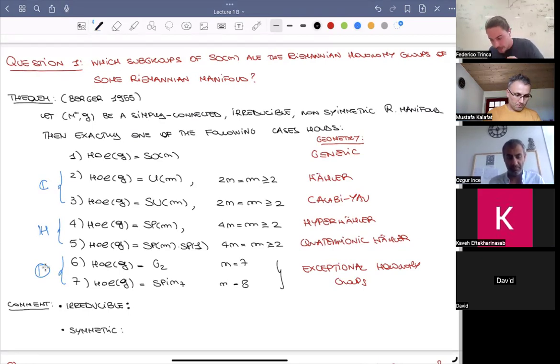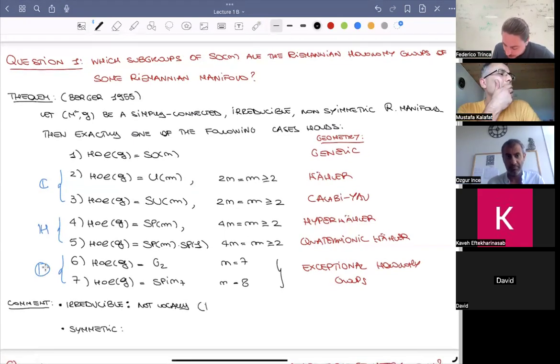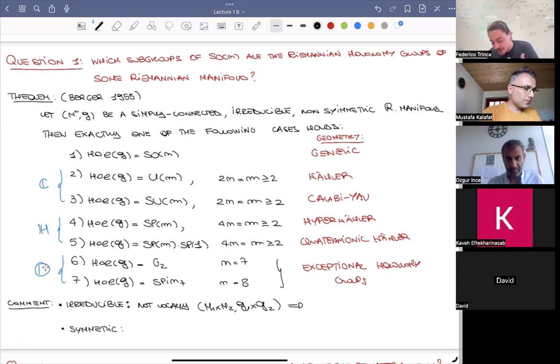But I have told you that we're imposing two conditions, irreducibility and non-symmetric. So let me elaborate on that. Irreducible means that we are not locally the product of two metrics, so we're not locally M1 times M2 with a product metric. The reason why we're excluding this is because if we're in this situation, then the holonomy group splits as a product.